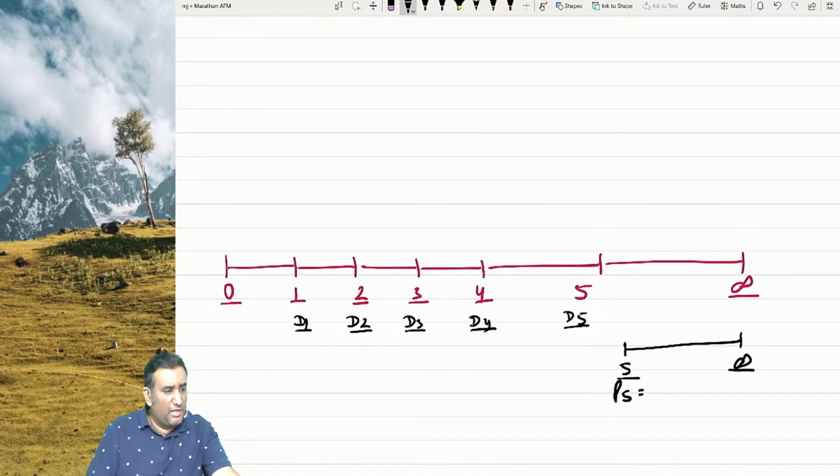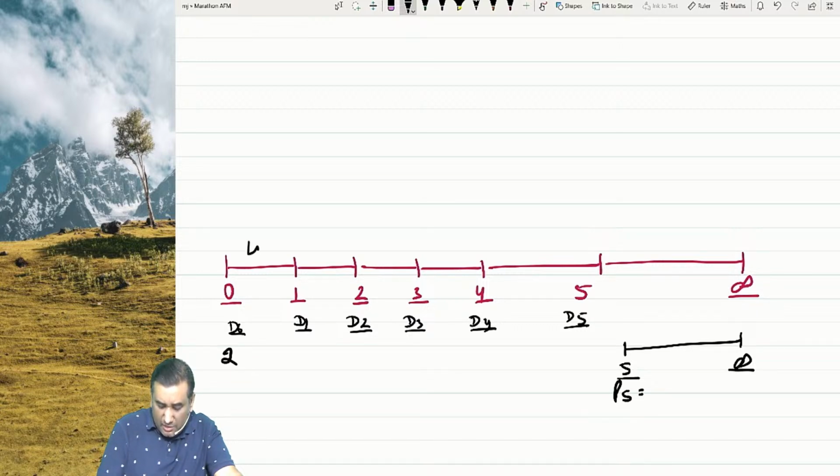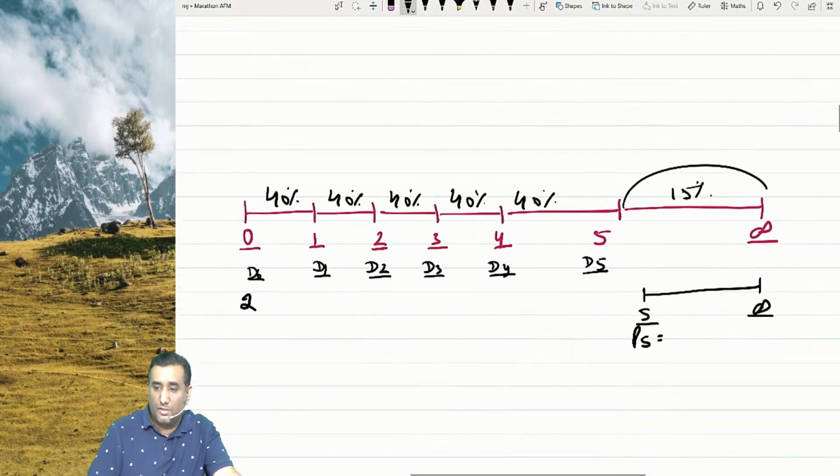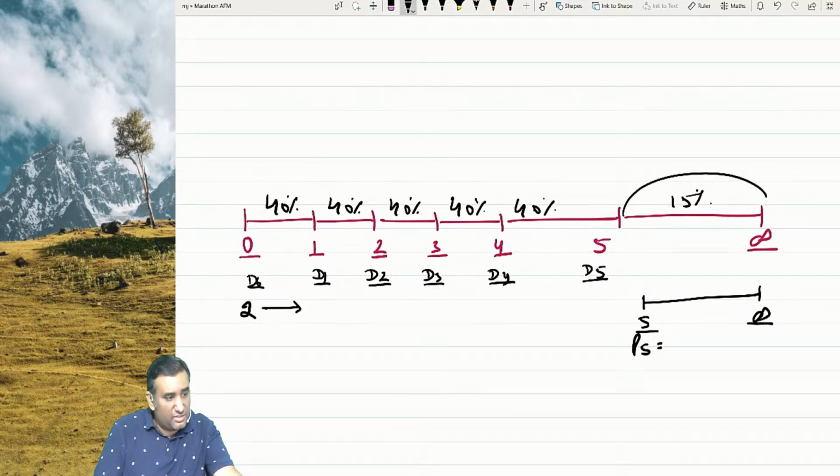So he gave us D0, right? What was D0 given? 2. If D0 is given as 2 and he said 40%, 40%, 40%, then 40% gives 2.8.